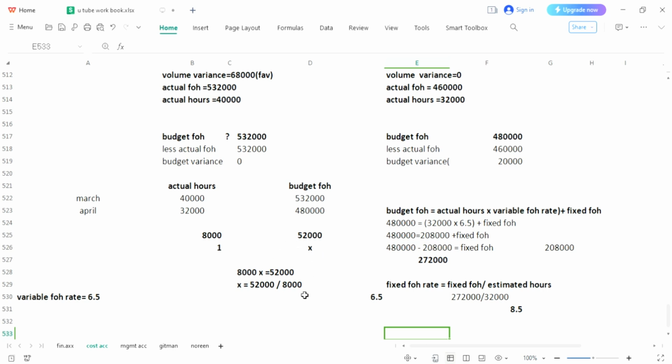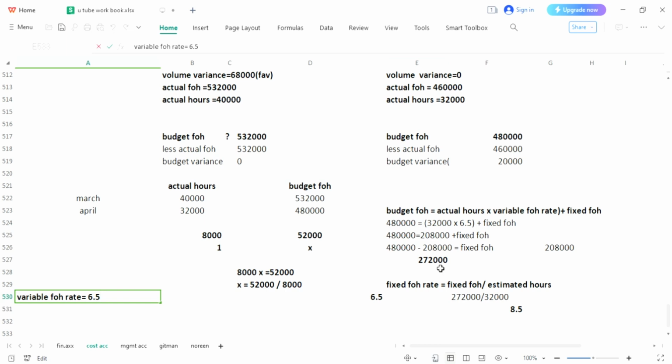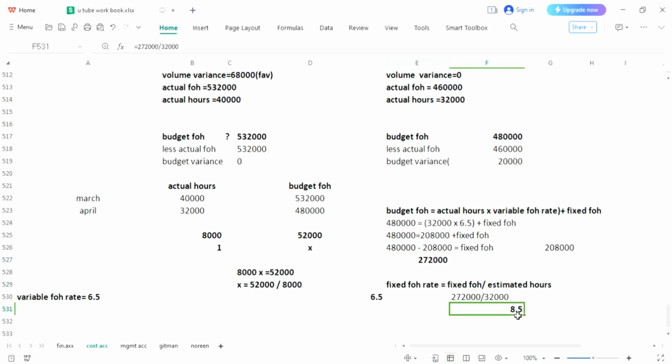In this way you have calculated your variable FOH rate, and then in a similar way you have used the budget FOH formula to calculate your fixed FOH. The fixed FOH rate formula you have used to calculate the fixed FOH rate.